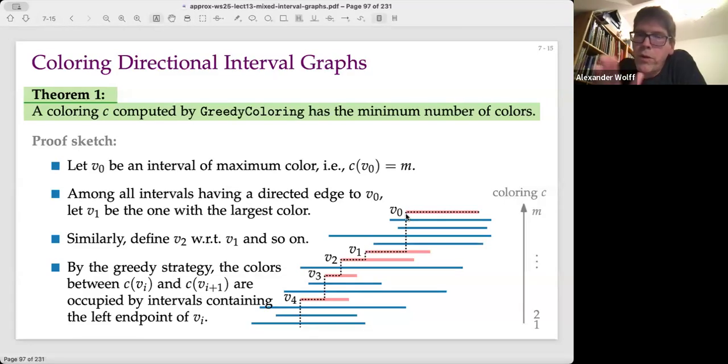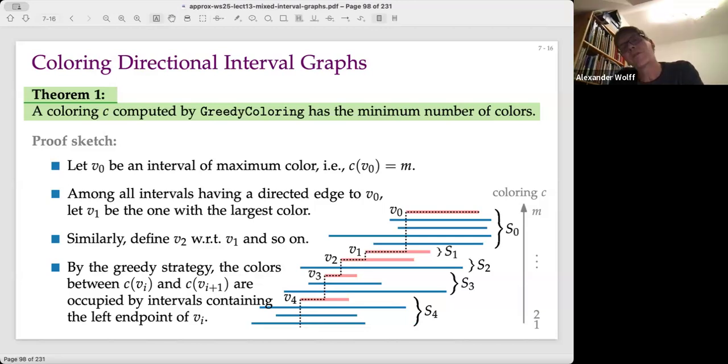Because I went through the intervals from left to right by left endpoint, and by the time I placed V0, this was the only option. So all these colors in between must have been taken by intervals that started before V0. And since V1 is the topmost interval that has an incoming directed arc, these blue intervals must all actually contain V0.